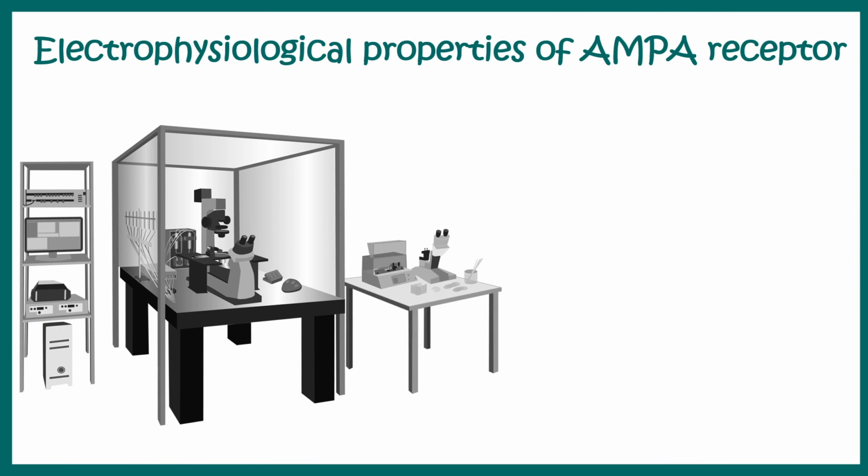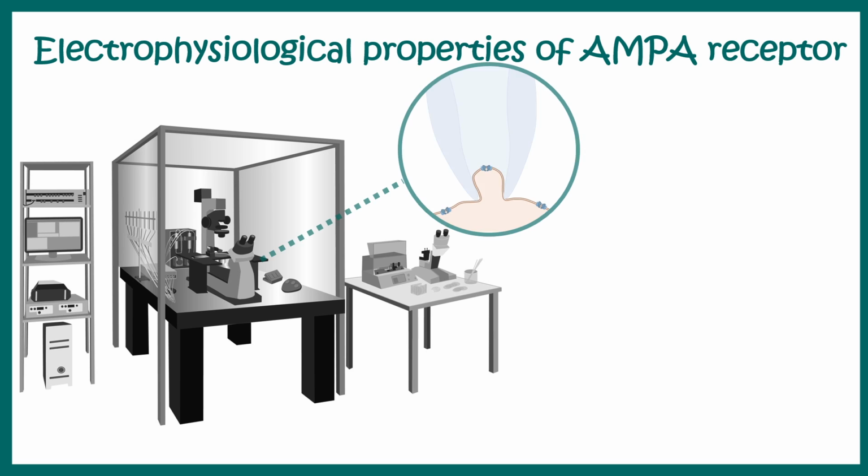Now let's talk about the electrophysiological properties of AMPA receptors. So in AMPA receptors, is this a current clamp or a voltage clamp? You should be able to tell me right now by looking at the axis. Yes, this is a voltage clamp. We hold the voltage and record the current. So you can see we hold the voltage at minus 70 millivolts and record a current.